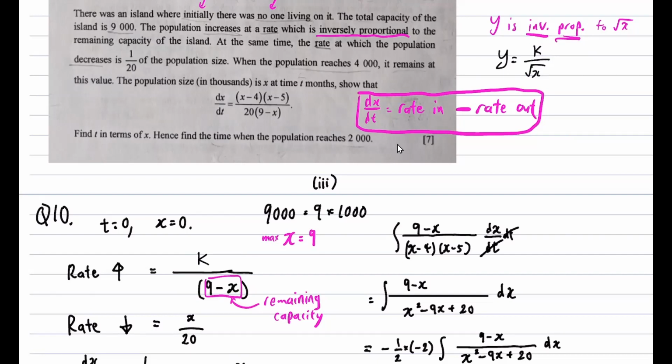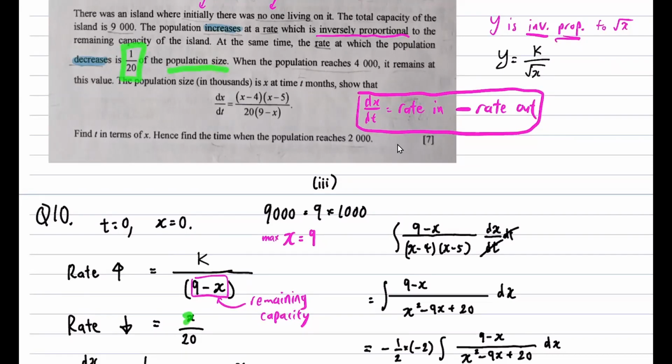Then here, rate of increase. Can I continue? Okay, the population is increasing at a rate which is inversely proportional to the remaining capacity. So the k should actually be on top. I'm so sorry. The k should be on top. k over 9 minus x, k over remaining capacity. Then what about the rate of decrease? Rate of decrease, they tell you, is 1/20 of the population size.